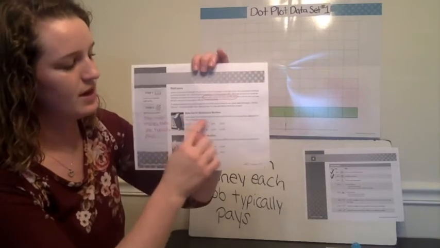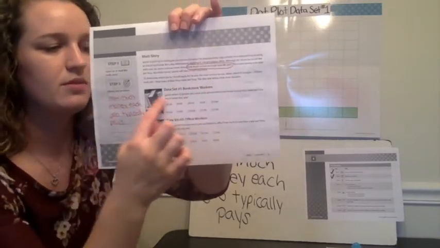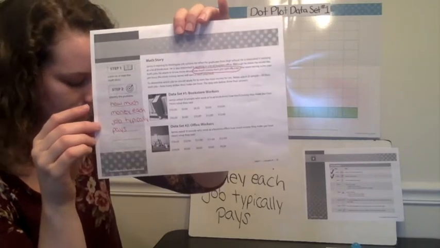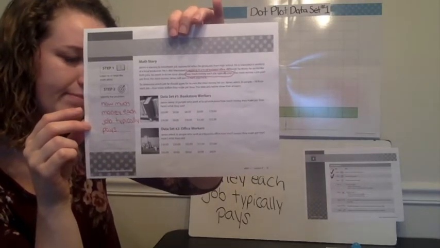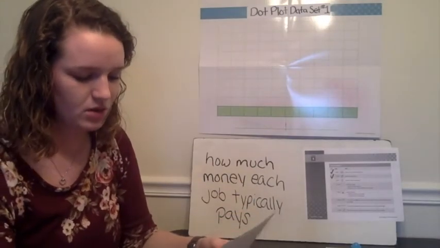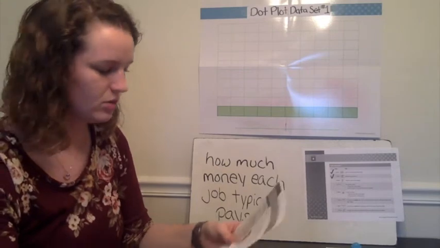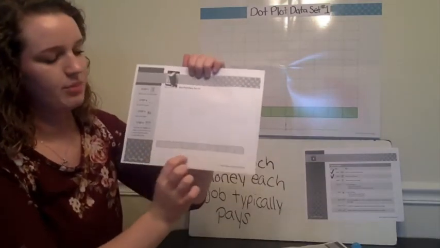What are they finding right here in data set number 1? They're finding the dollars per hour for bookstore workers. So we're going to put that right at the bottom here.